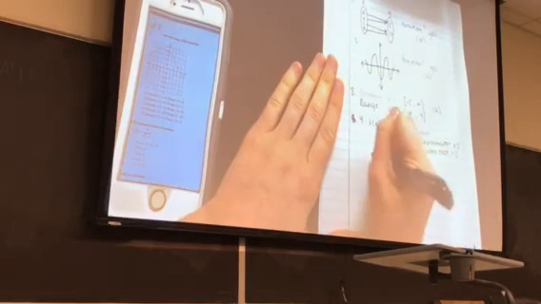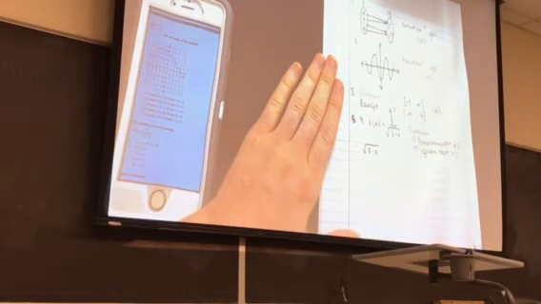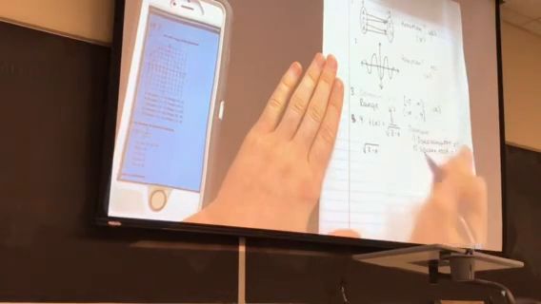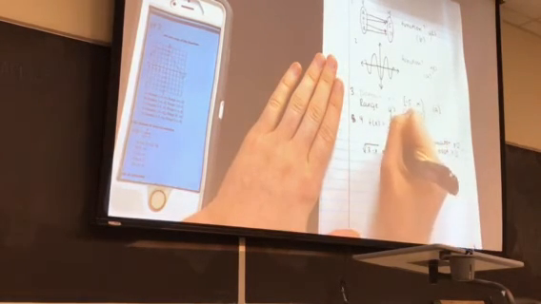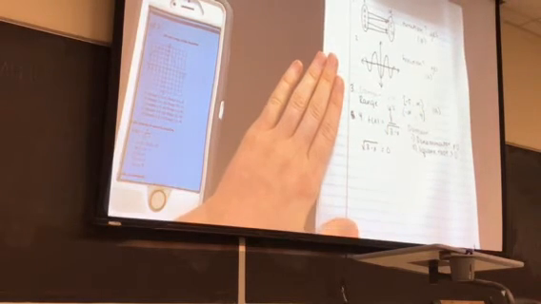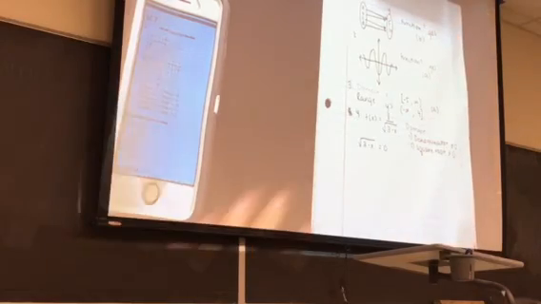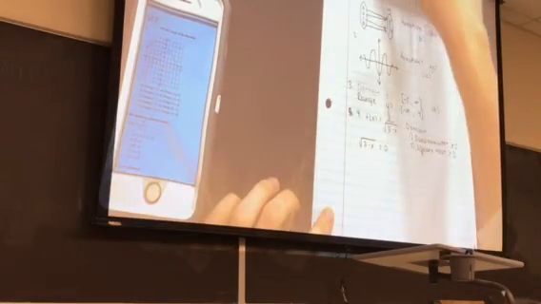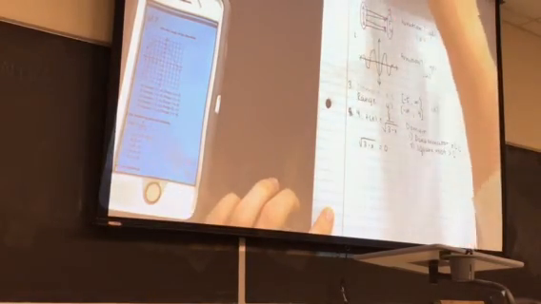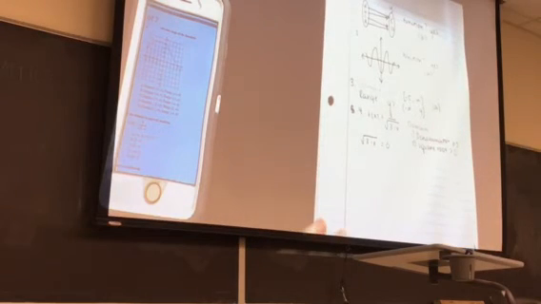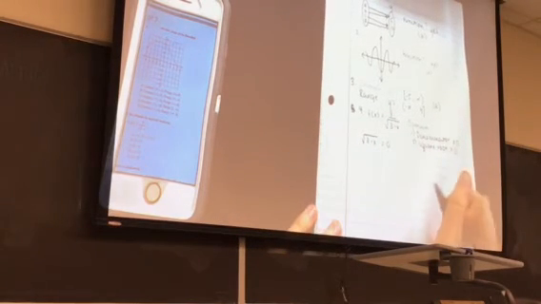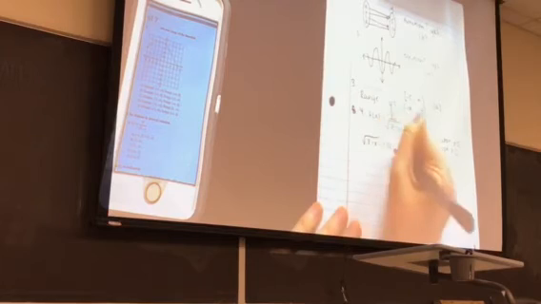Alright, so we're going to take this square root of 3 minus x and set it equal to 0. Okay, so we're going to square both sides.